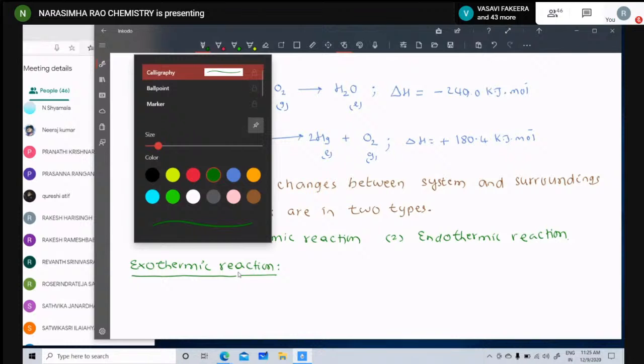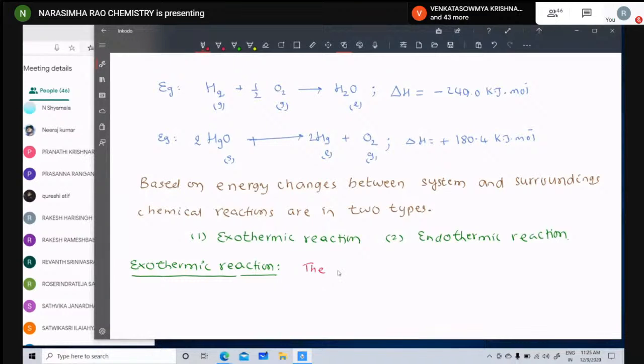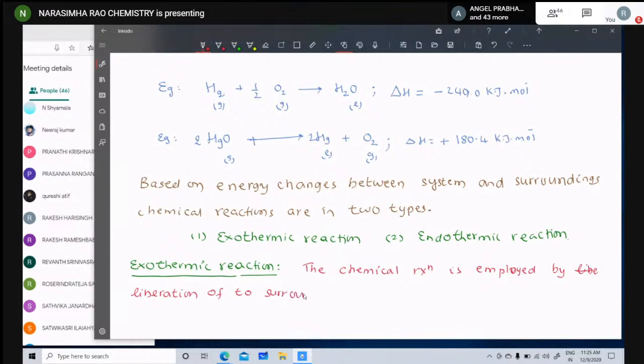The reaction in which heat is given off, or the chemical reaction accompanied by liberation of heat to surroundings, is called as, tell me, children, exothermic reactions.